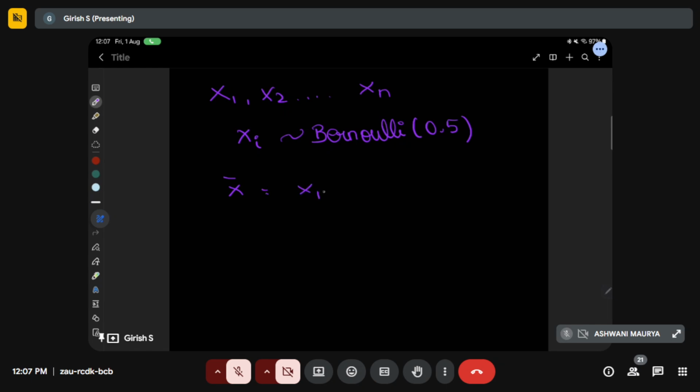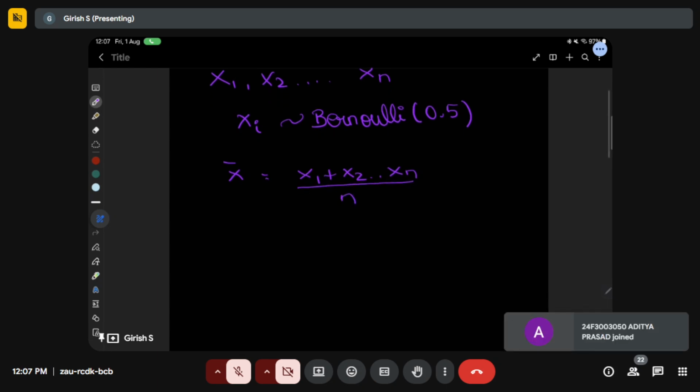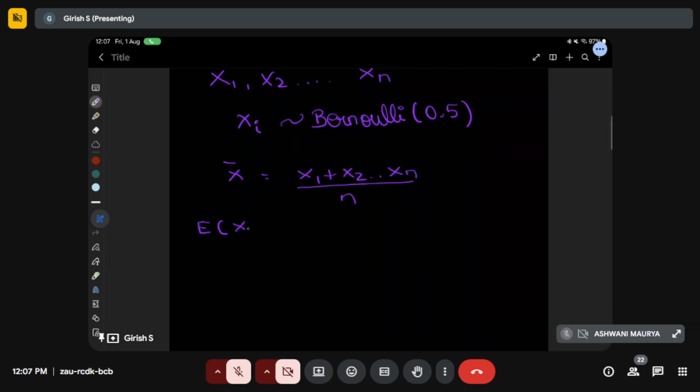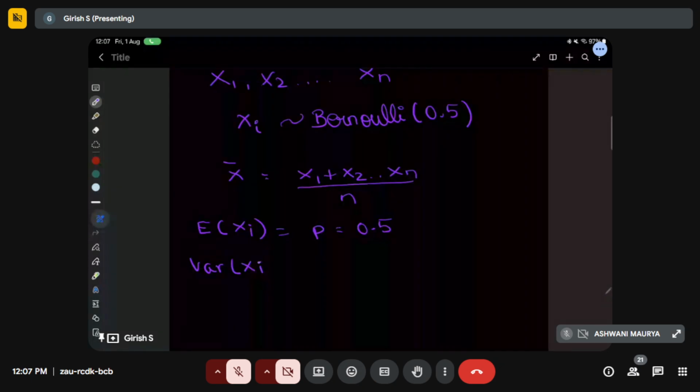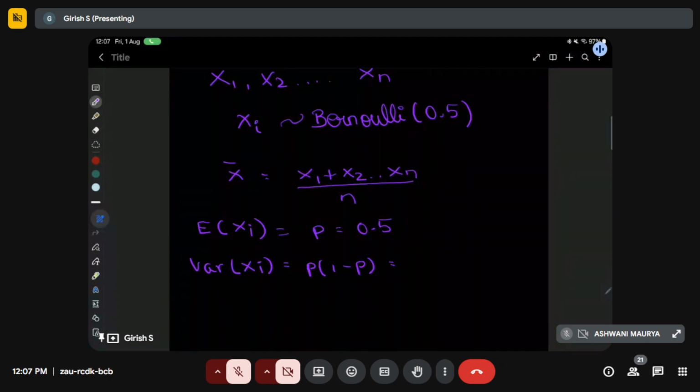So that becomes X1 plus X2 and so on up to Xn, divided by n. Now for Xi, the expectation of Xi, since it is a Bernoulli distribution, is p, which is 0.5, and the variance of Xi is p into 1 minus p, which is 0.25.